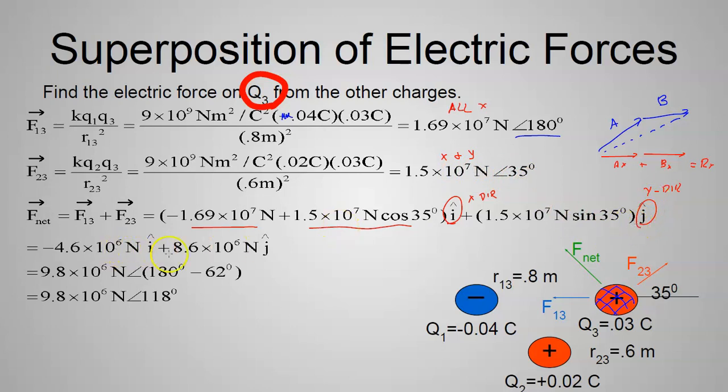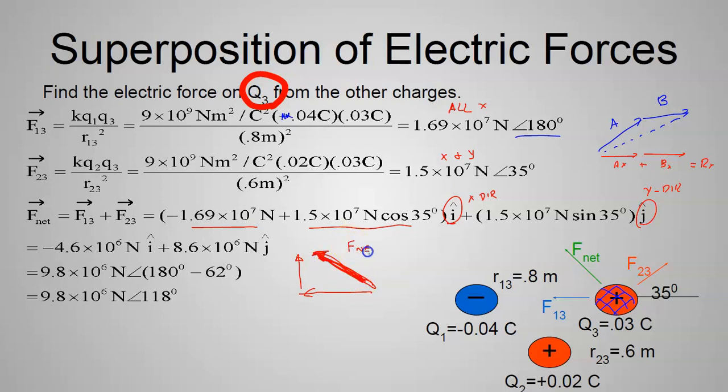All right, so now we've got those two numbers. We can see that it's negative and positive. That means that it's going to the left and up like that. And our resultant, the net force, is going this way.